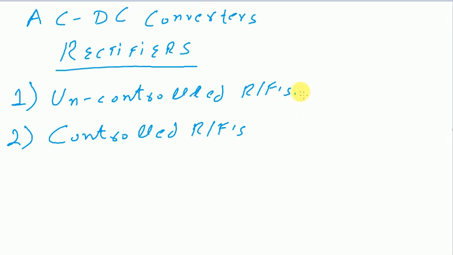In the case of uncontrolled rectifiers, a certain device which is used as a switch to convert the input AC power into DC power is of such nature that it cannot control the flow of that power. If you recall from the discussion that we used to have in the case of DC to DC converter circuits, we had certain power electronic converter circuits which employed a switch under the influence of external control.